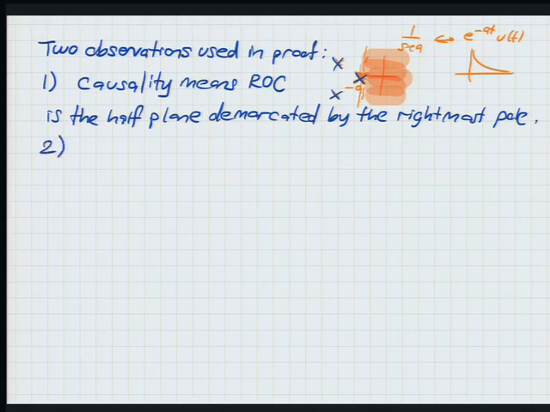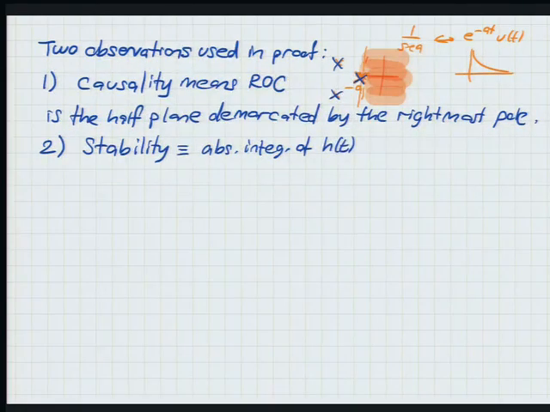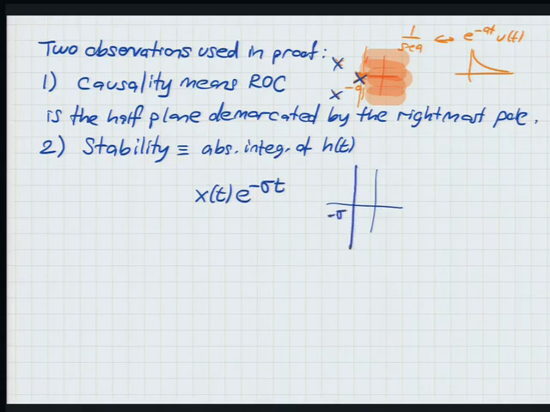The second observation is about stability. Stability is absolute integrability of H, right? Stability is the same as absolute integrability of H. Not H of t times e to the negative sigma t. H of t. All right? So remember, absolute integrability of x of t e to the negative sigma t determined whether or not the line where the real part is negative sigma is in the ROC or not, right?